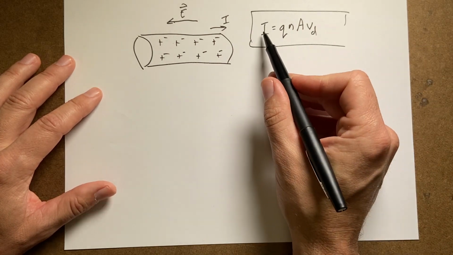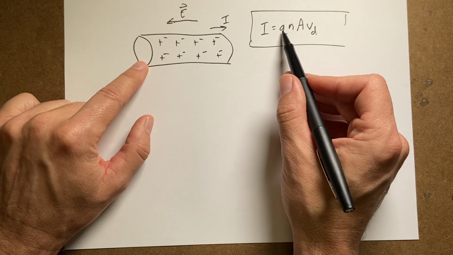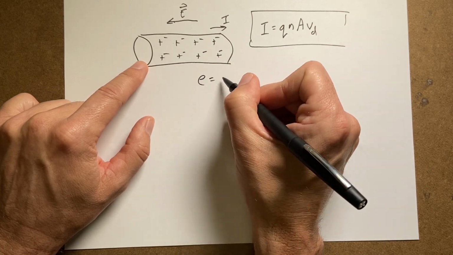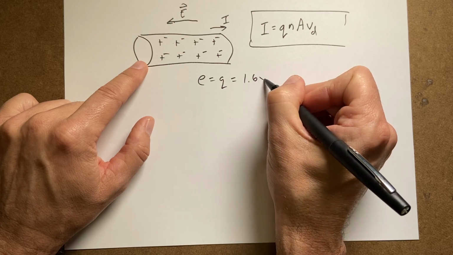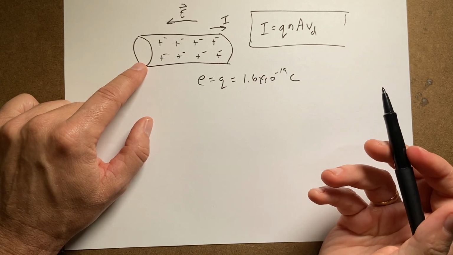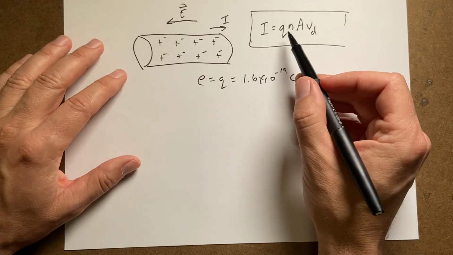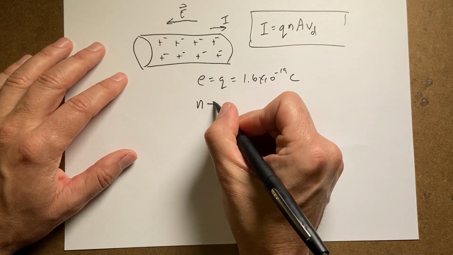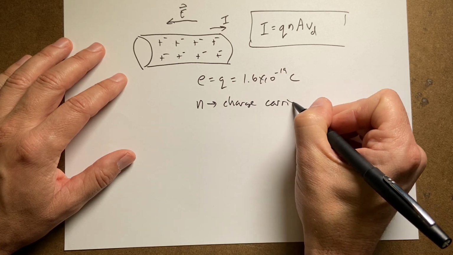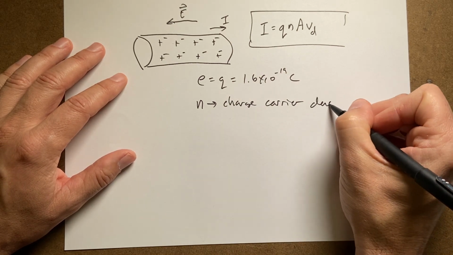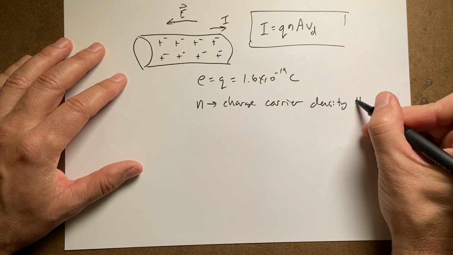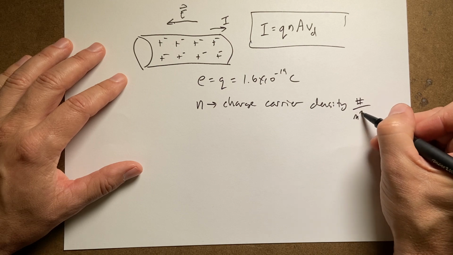So this says that the flow rate of charge depends on the magnitude of the charge. In this case, if they're electrons, q is equal to 1.6 times 10 to the negative 19th coulombs. That's the charge of an electron. But it doesn't have to be. It could be an ion. It could be anything. n is the charge carrier density, in number per cubic meter.